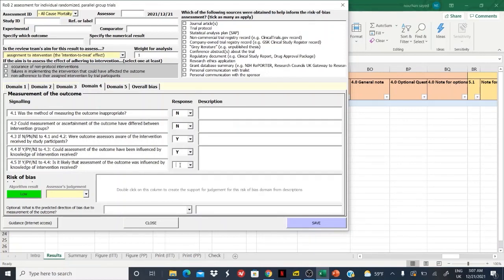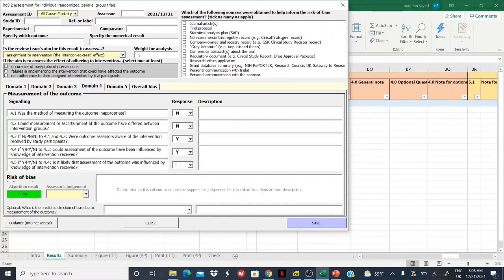Or if it's something that's assessed by the physician, so if the physician has to assess the patient's clinical status, and the physician really believes that the drug works, if they're invested in the drug, they're likely going to rate people who took the drug as having better clinical status than those who didn't.